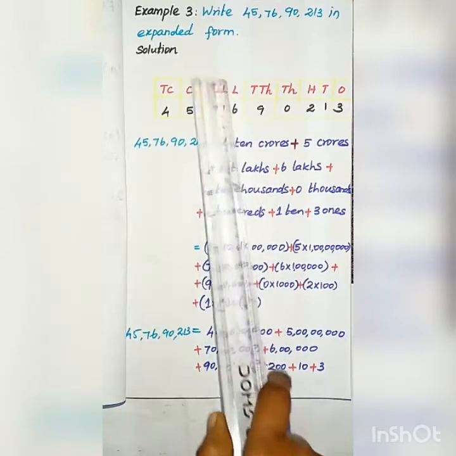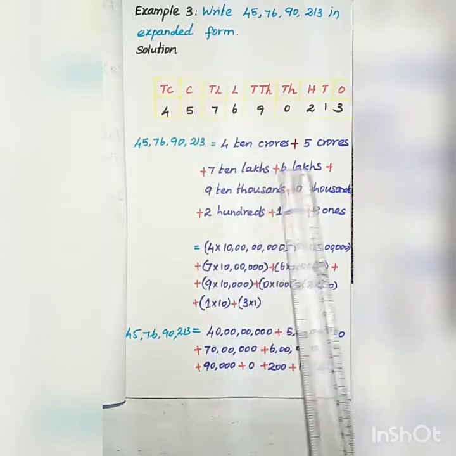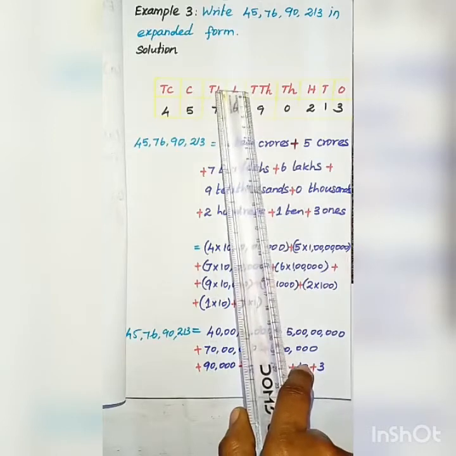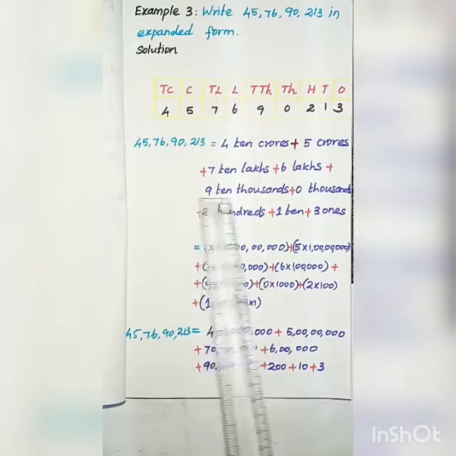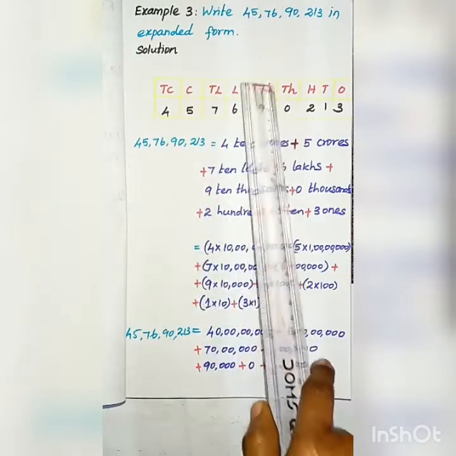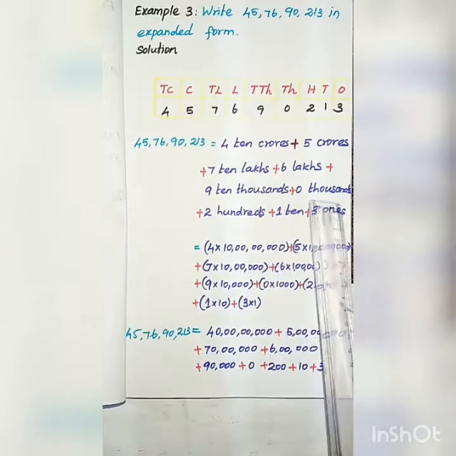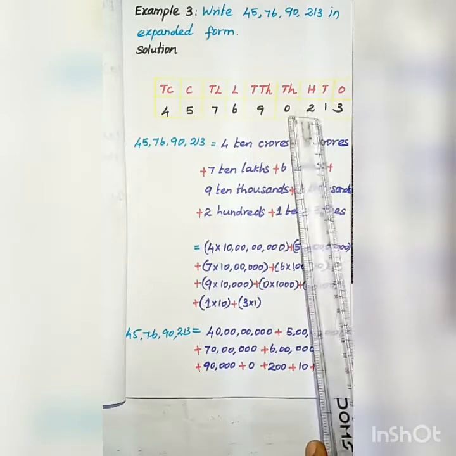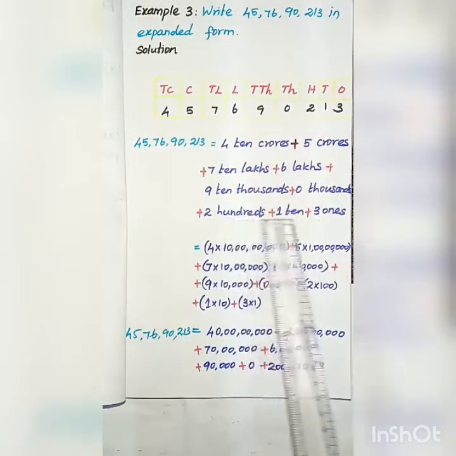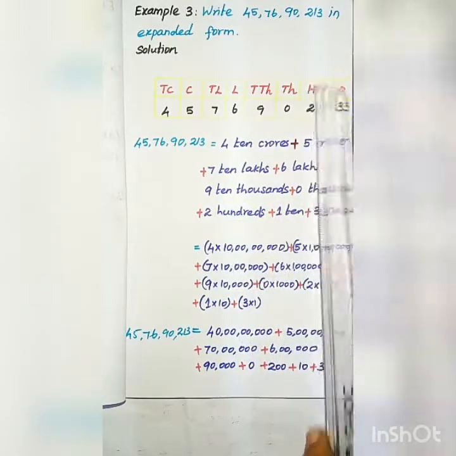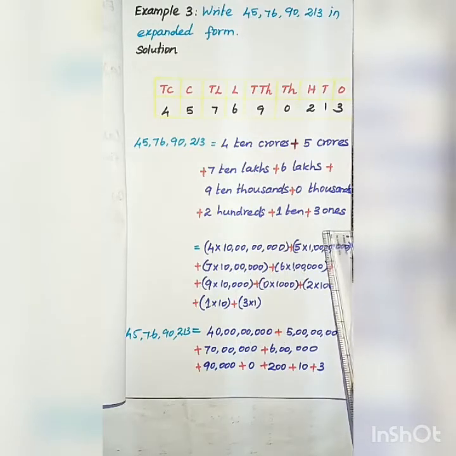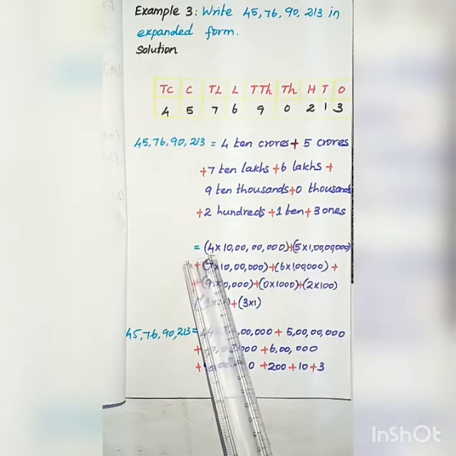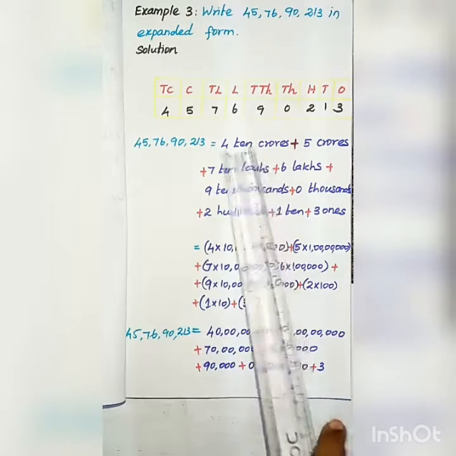Then 6 in lakhs, so plus 6 lakhs. 9 in 10,000, so 9 ten thousands plus 0 thousands, plus 200, plus 10, plus 3 ones. Okay, is it clear?